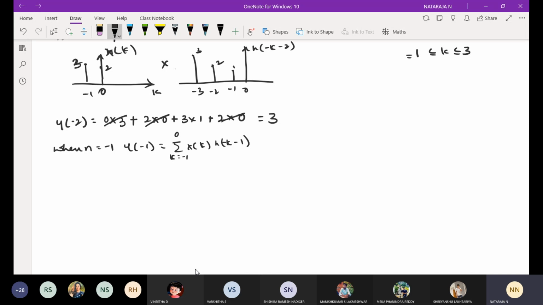Already we have h of k. H of k at minus 1, 0, 1 is 1, 2, 3. Now h of k minus 1 from 0 to 1, 0, 1, 2.